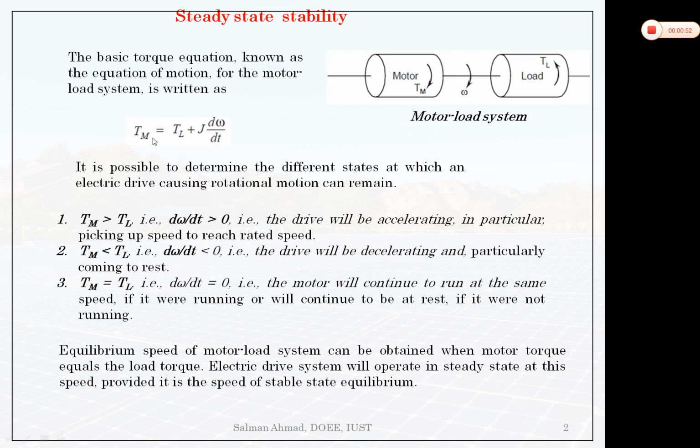Either Tm will be more than TL, or Tm will be equal to TL, or Tm will be less than TL. That is, motor torque can be more than load torque, equal to the load torque, or less than the load torque.